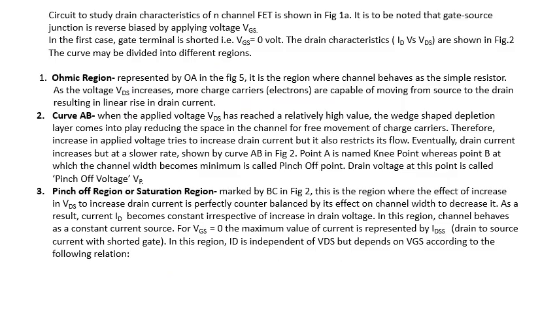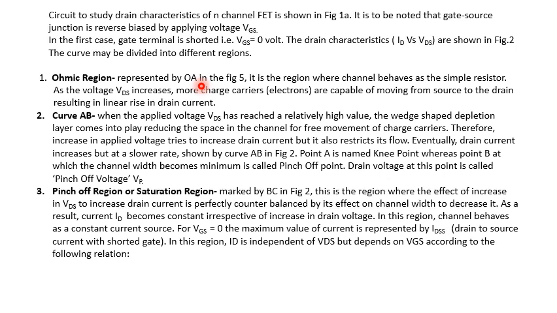Now we will discuss and try to understand the different regions into which the drain characteristics of the JFET are divided. The first region is the ohmic region, or OA.